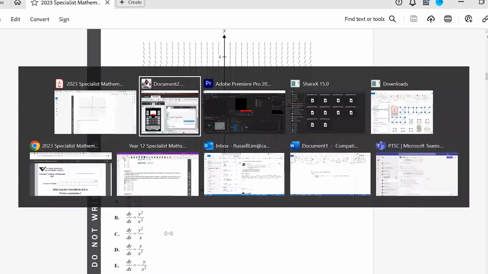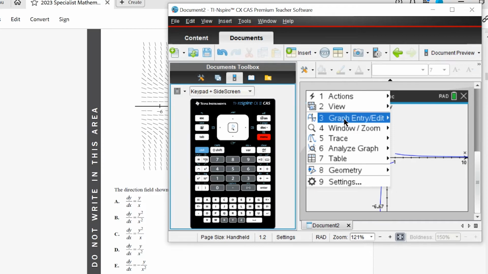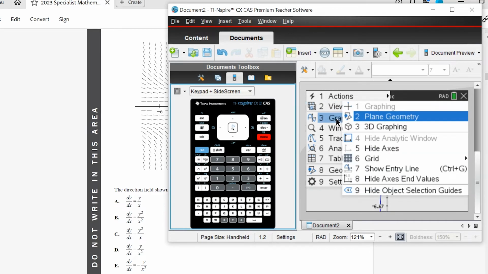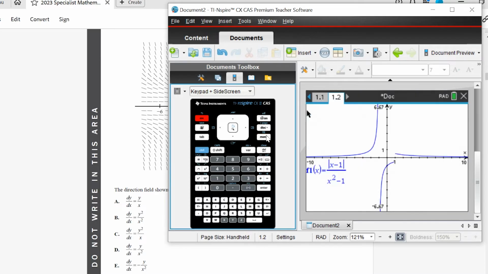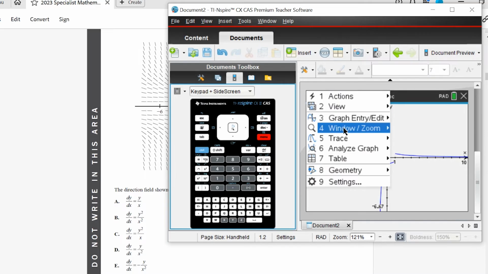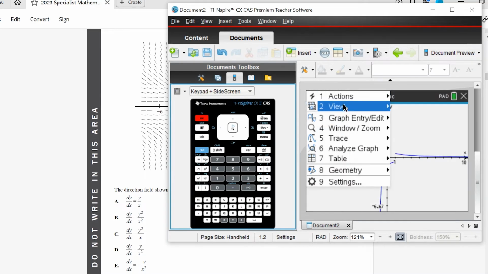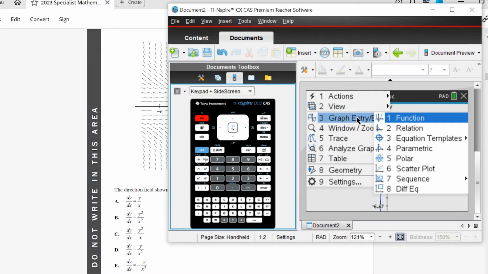So we will go to graph, and graph type. Where's graph type? Oh yeah, graph entry, differential equation.